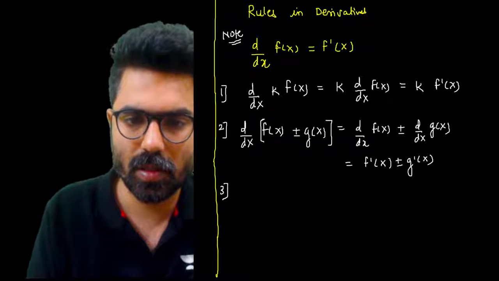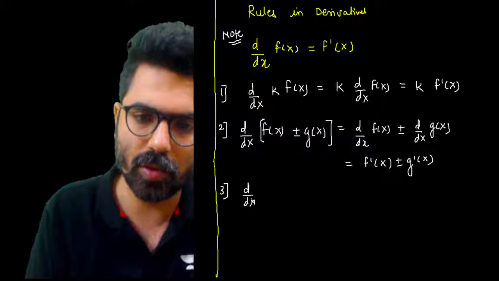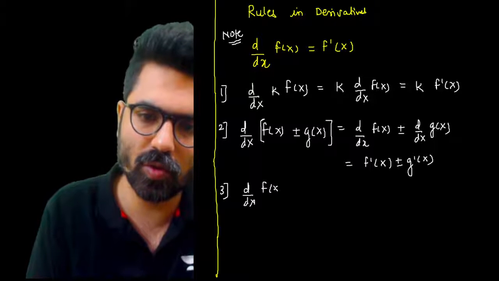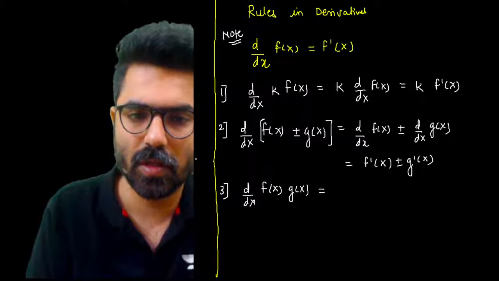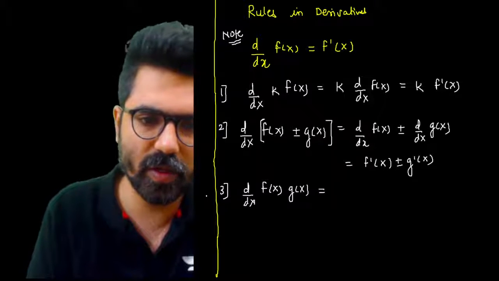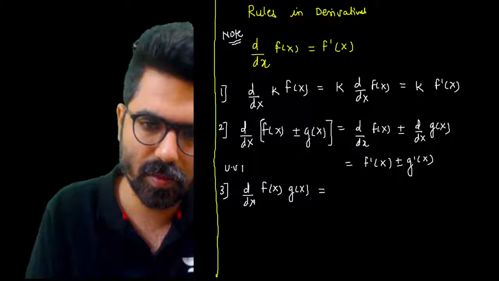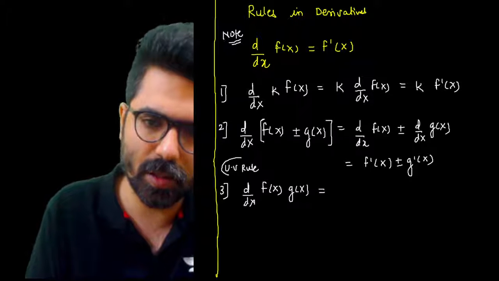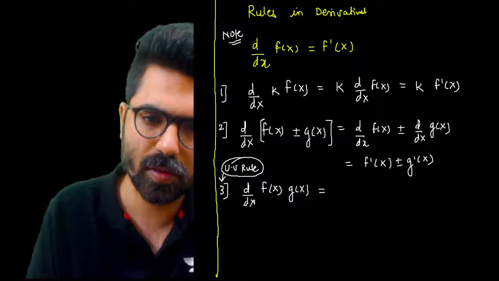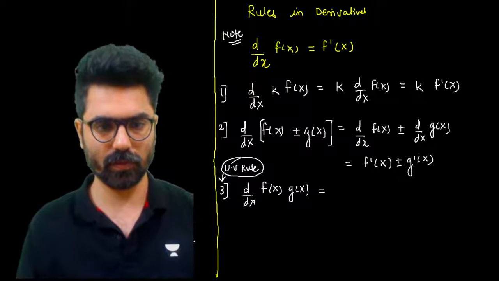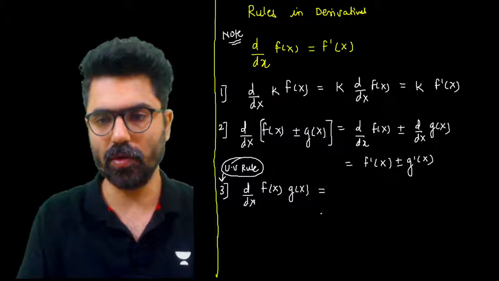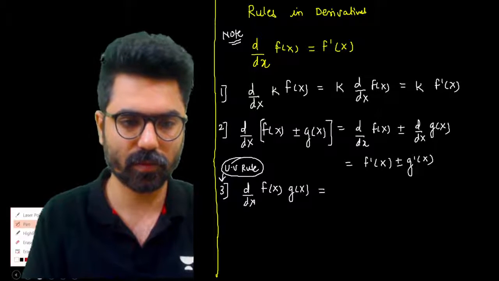Third rule is called the product rule, also called the UV rule. F of x into g of x. This rule is called the UV rule or the product rule. The third one. Okay. How to remember this?